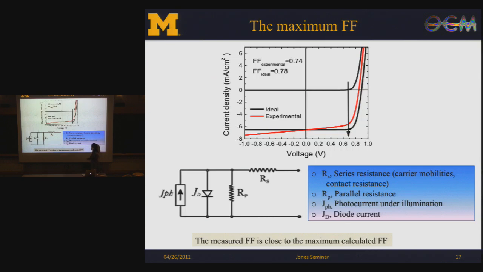So even without the photocurrent generation, the solar cell is a diode, but it also has some internal resistance. The internal resistance typically is due to the carrier mobilities, the contact resistance, and so on. So for any solar cell, the fill factor cannot reach 1 because it has internal resistance. Even for silicon or gallium arsenide, the fill factor can never reach 1.